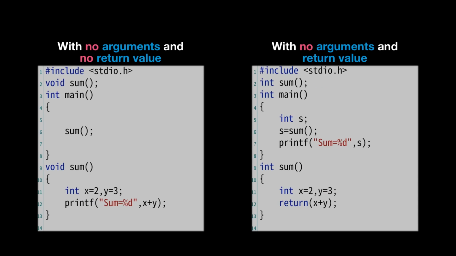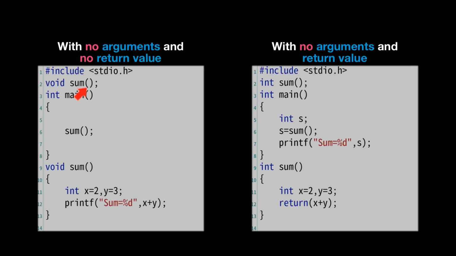The third type is functions with no arguments and no return value. When there are no arguments, you don't find the actual arguments within the brackets of the function call. You don't find the formal arguments within the brackets inside the function header.